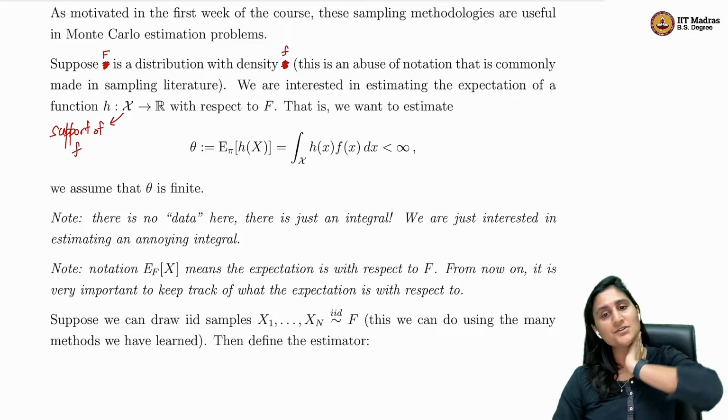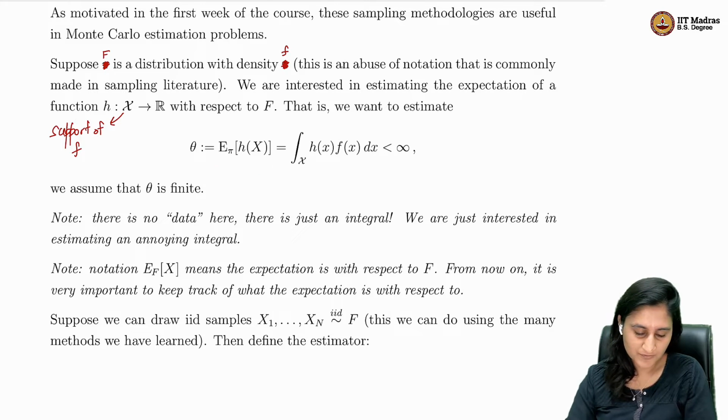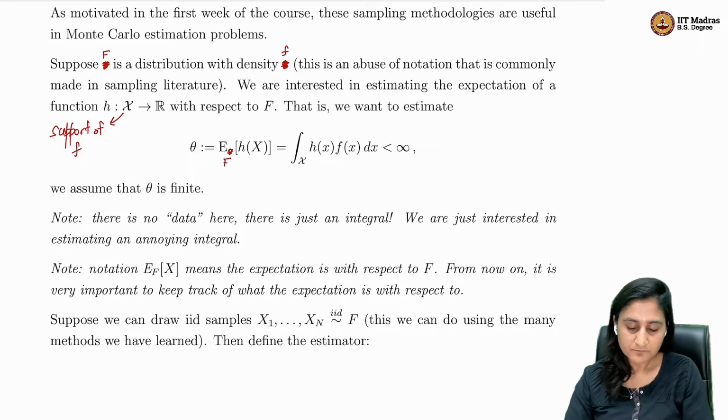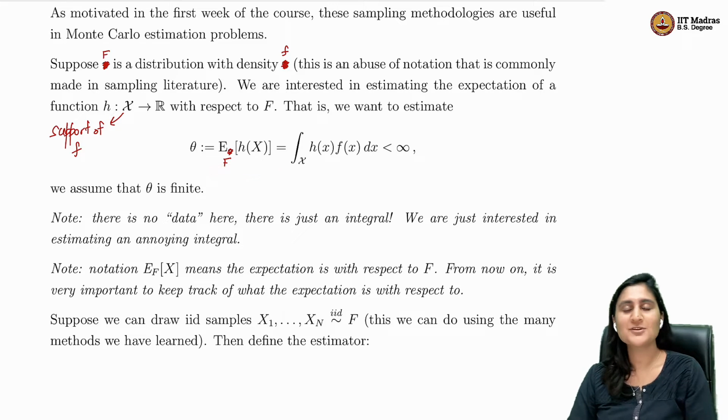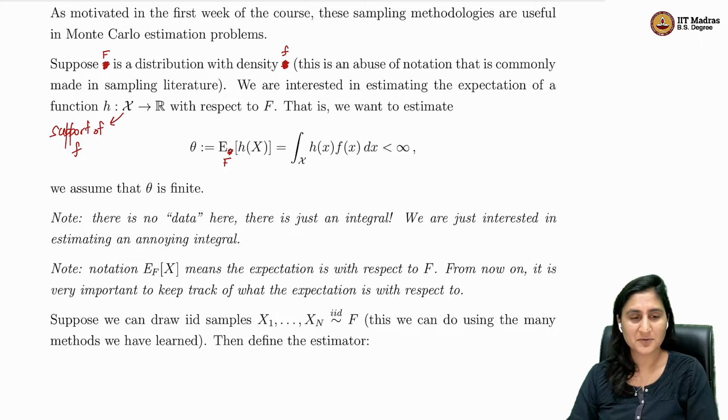Now, what I might be interested in is estimating theta, where theta is nothing but the expectation of h under capital F. So I want to estimate the expectation of h under the distribution F, which means I am interested in estimating the integral of h of x times small f of x dx, that is, h of x times the density function with respect to which I'm trying to find the integral or the expectation.